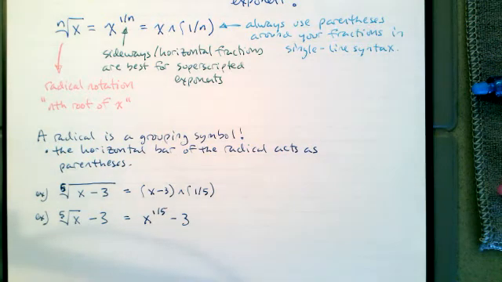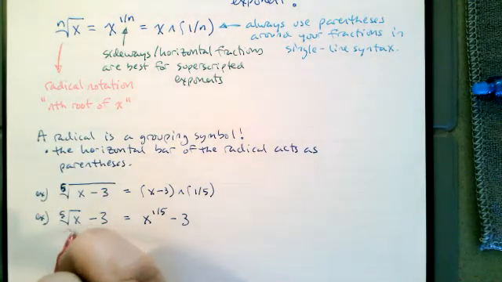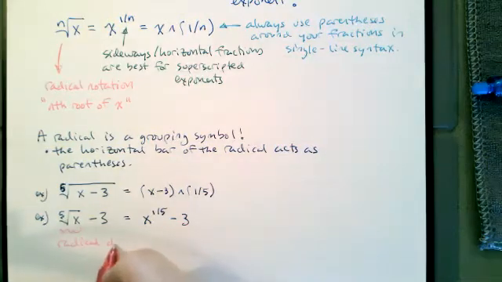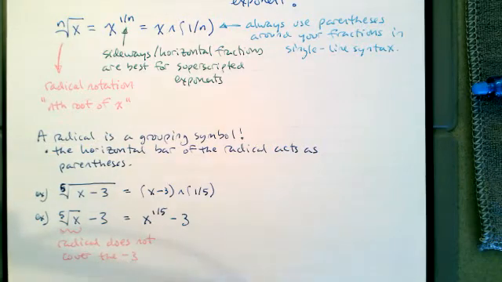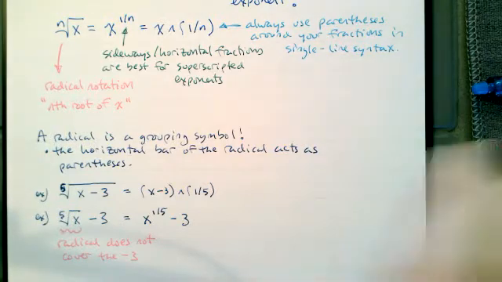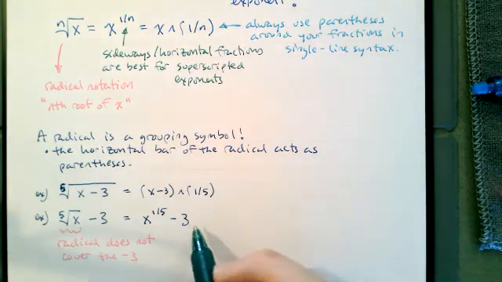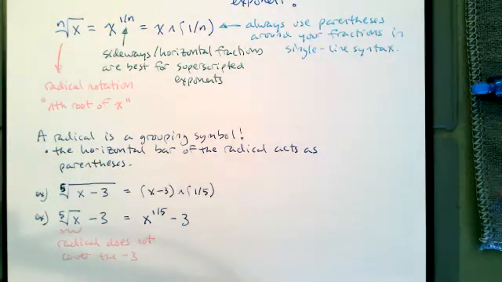The radical is not over the minus 3. The radical does not cover the minus 3, so the minus 3 is not part of the base of the 1/5 exponent.